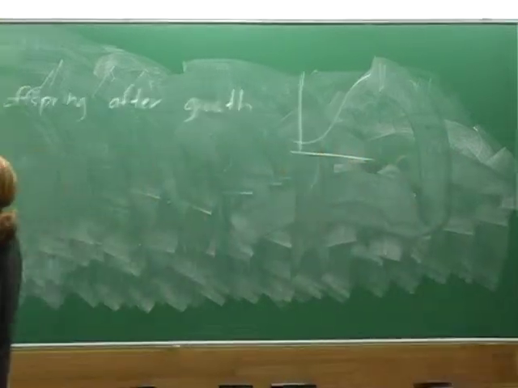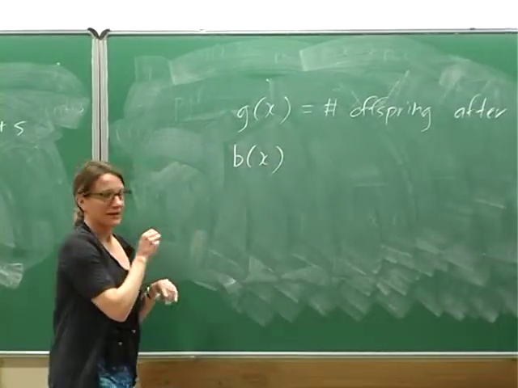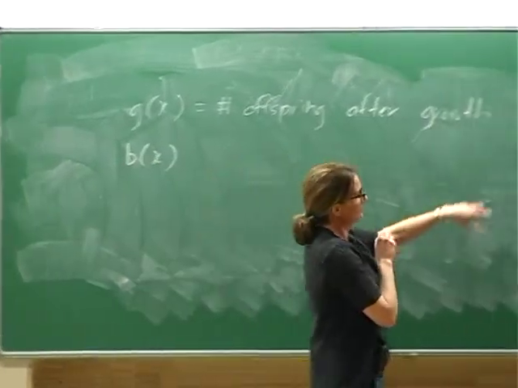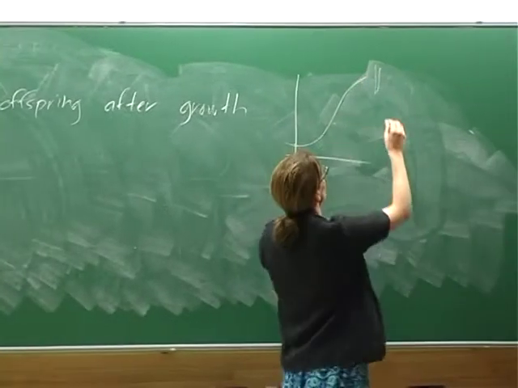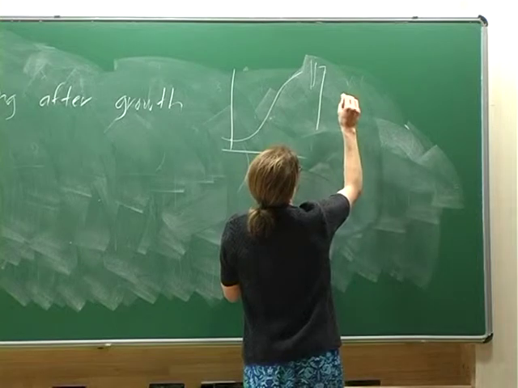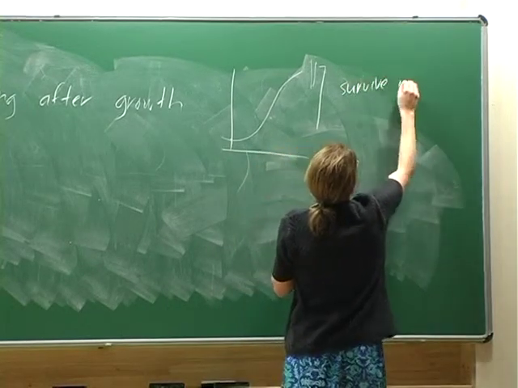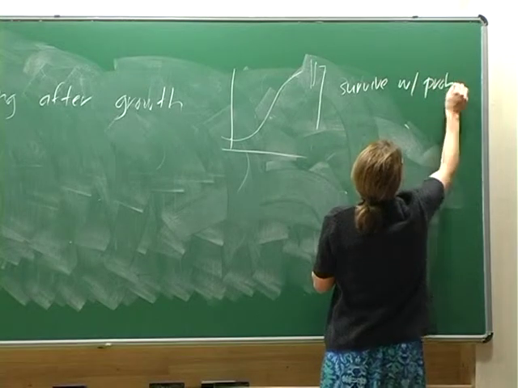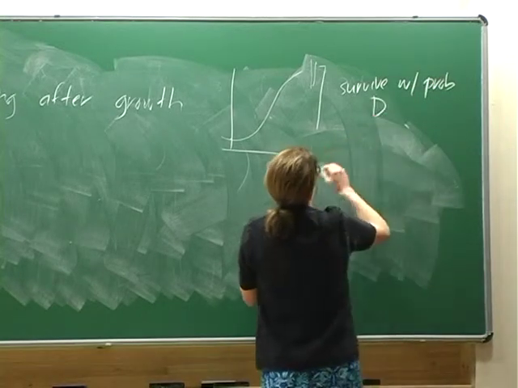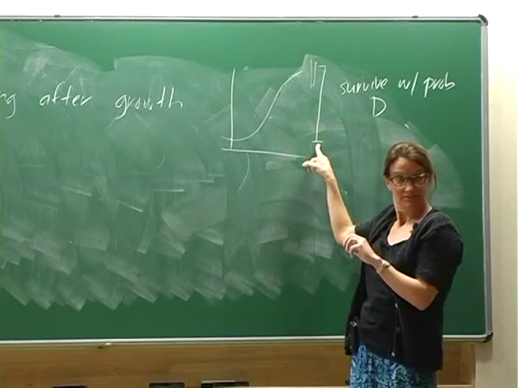And then if I have B for bottleneck of x, so for all of these individuals that exist here, of them I'm going to sample fraction d of them. So they survive with probability d to get into the new founding population.